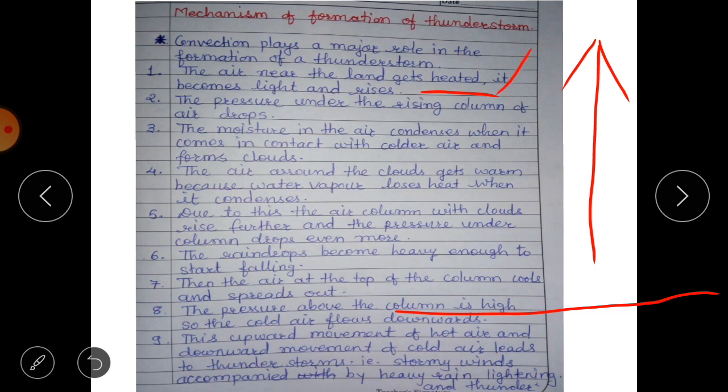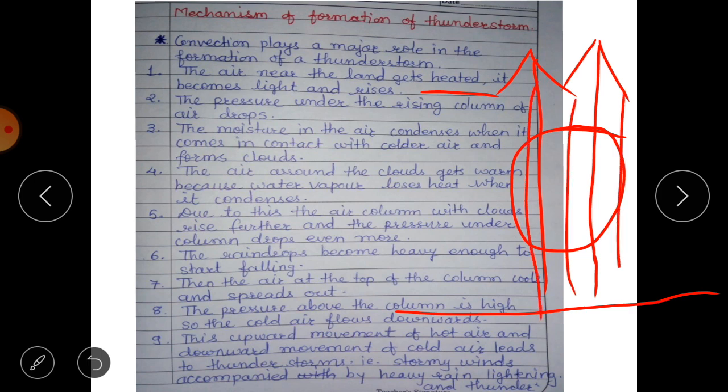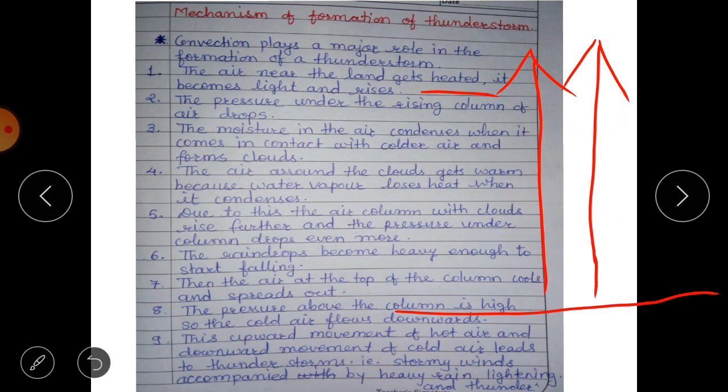This rising air is warm air and it rises up, so the pressure here is very low. Suppose this is the column of air, and the pressure here drops. Drops means it decreases. Here it is low pressure.